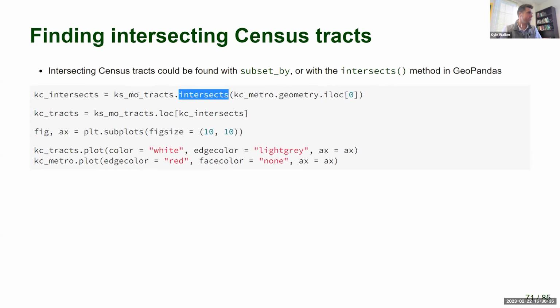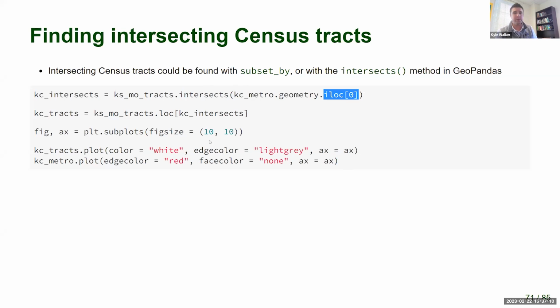This basically reads as, take my Kansas and Missouri census tracts and identify for me those rows that intersect the Kansas City metro's geometry. And this .iloc[0] ends up being important. You have to index it for the first value, since Python is a zero-based indexing language. And so to get this to work, you have to add this little portion.